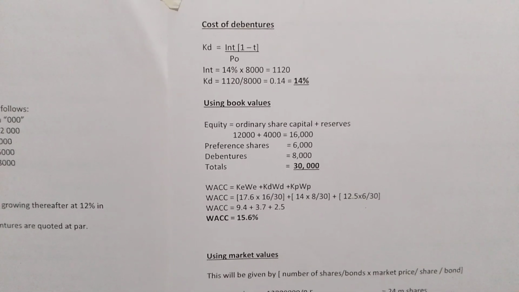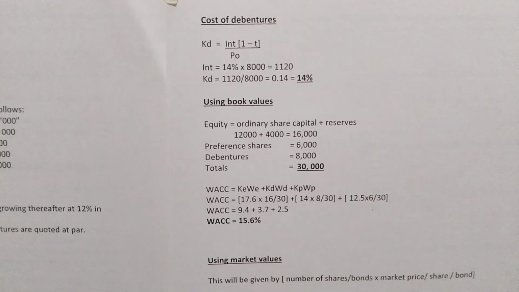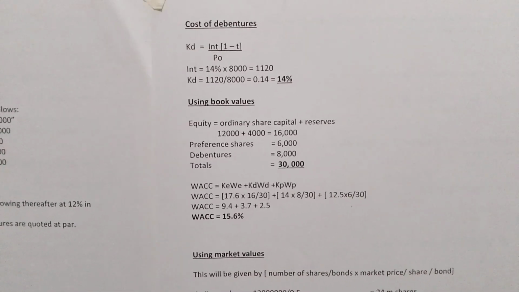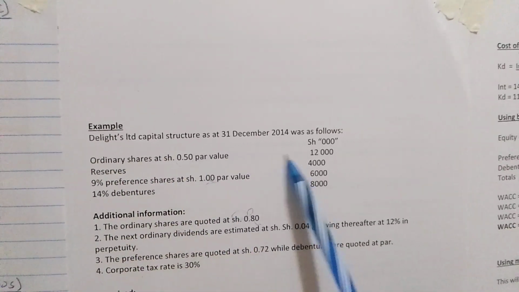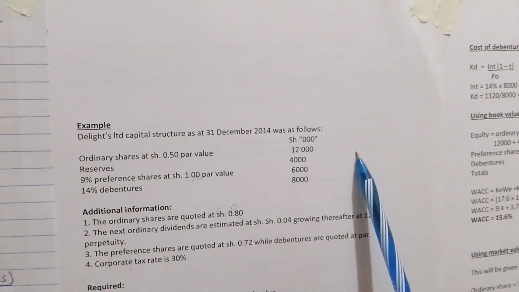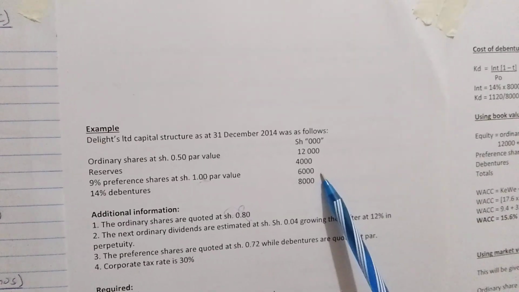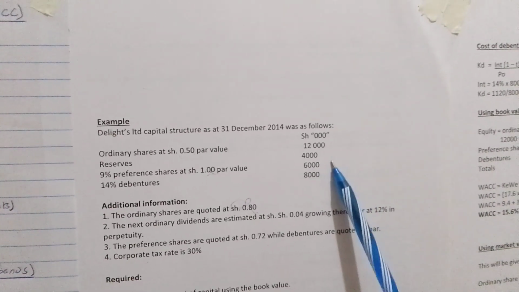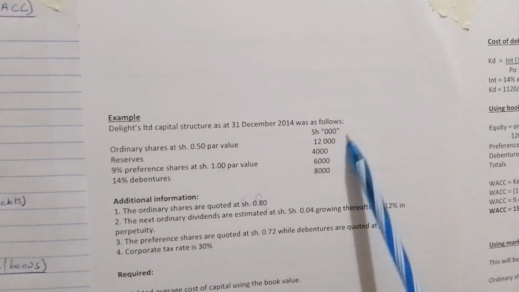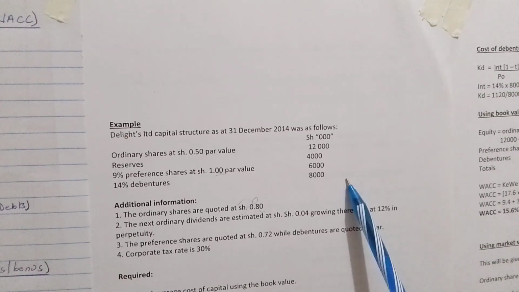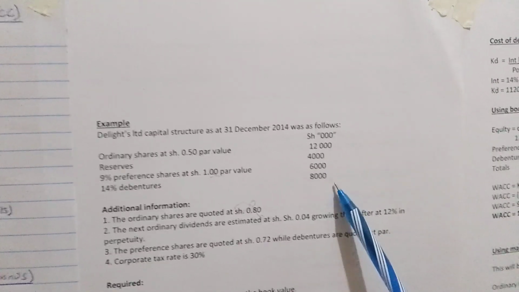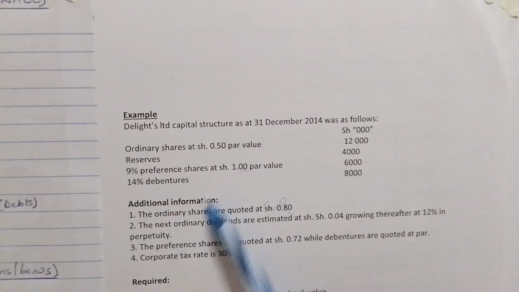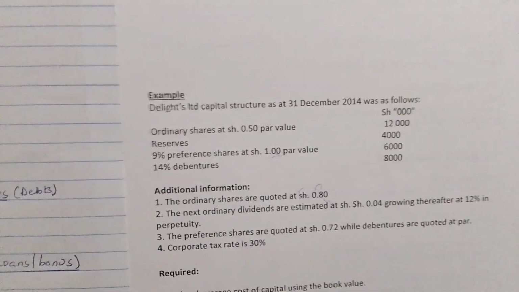Reserves should be part of the weights. I want to know what proportion the ordinary shares form. If you sum up these figures, what proportion does this one form? So if you are using book values, you have to consider the reserve.